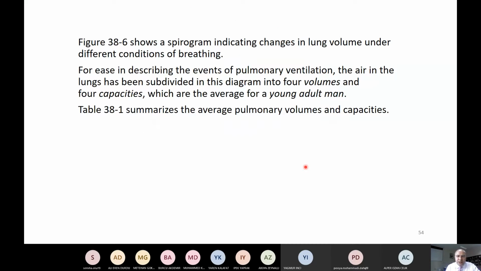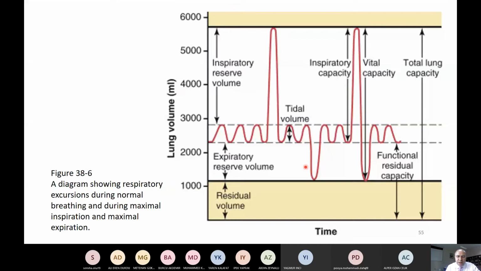Okay. Let's see the volumes and capacities. This picture shows us the volumes. Here you see the tidal volume, which is when we breathe at rest, breathe silently. We don't force ourselves at all.